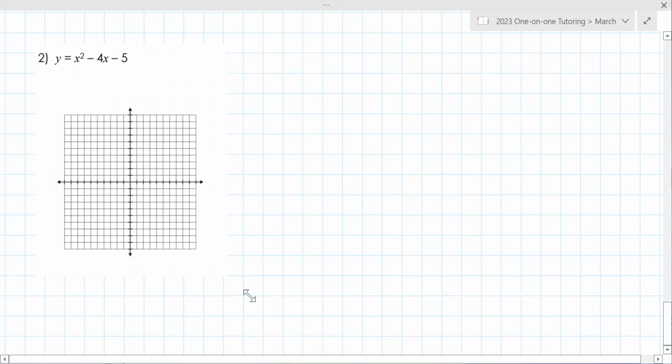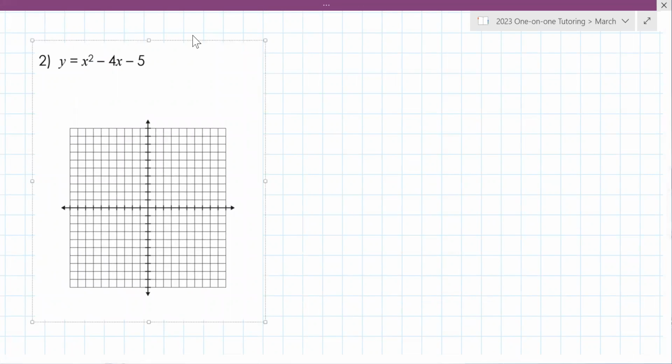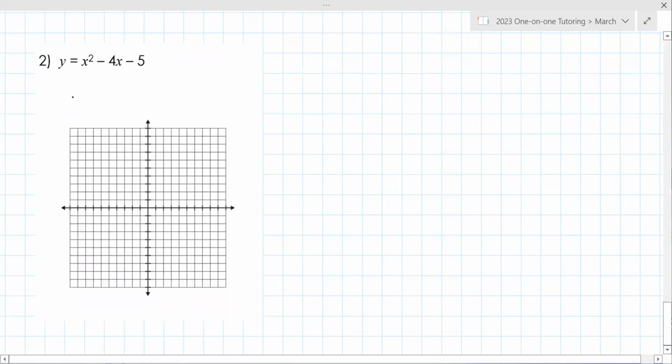All right, and just like before, I'm going to do exactly what you said. We're going to find A, B, and C. Can you tell me those values, please? 1, -4, -5. Got it. Now the vertex is x equals -b over 2a.